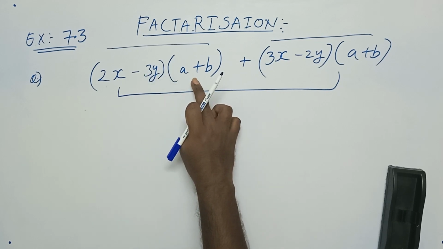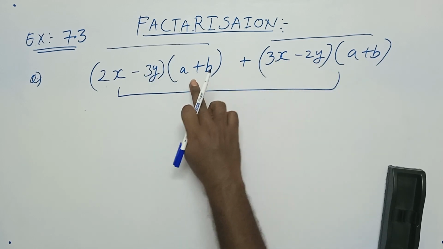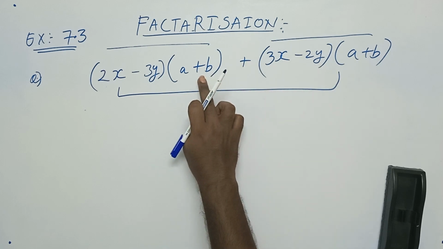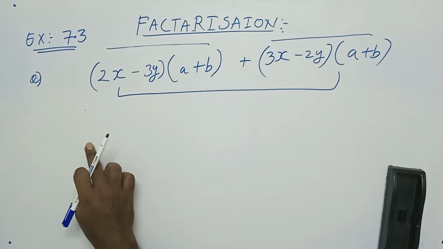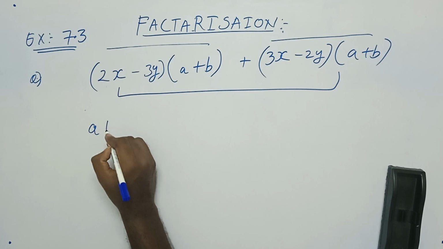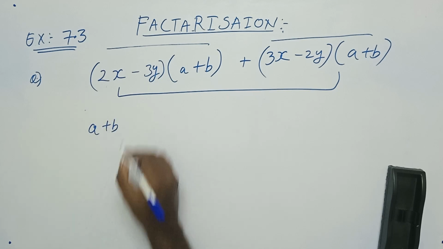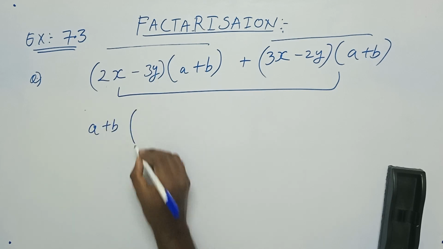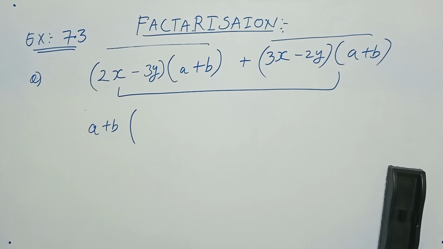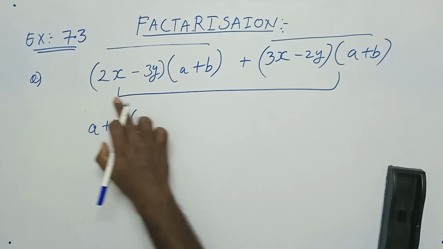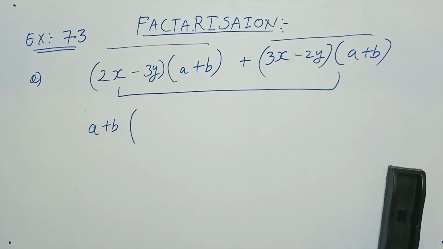Next, a plus b. Both terms contain a plus b as a common factor, so we take the HCF as a plus b. Now we divide the whole expression by a plus b.